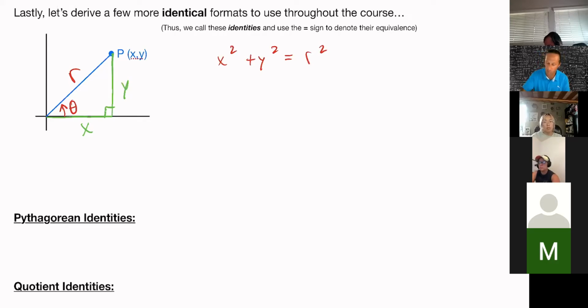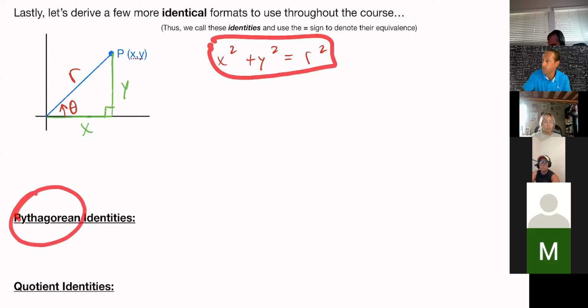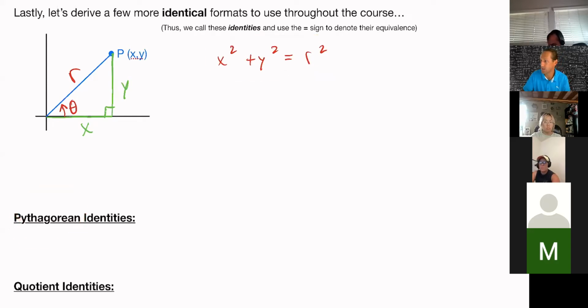But I want to actually take this and write this in terms of sine, cosine, or tangent. And since this is an equation, I can do whatever I want to it. And if I want to divide all of these by r squared, I can. So I'm going to.